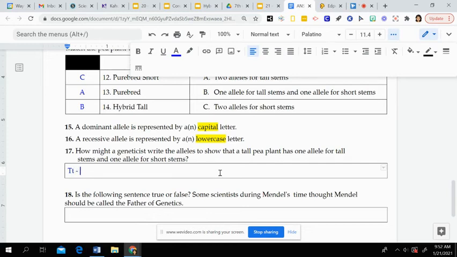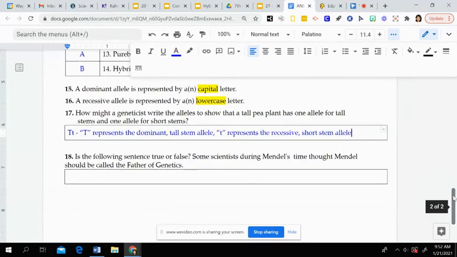I'm just going to add that as a note, saying, the capital T represents the dominant tall stem allele, and then the lowercase t represents the recessive short stem allele.